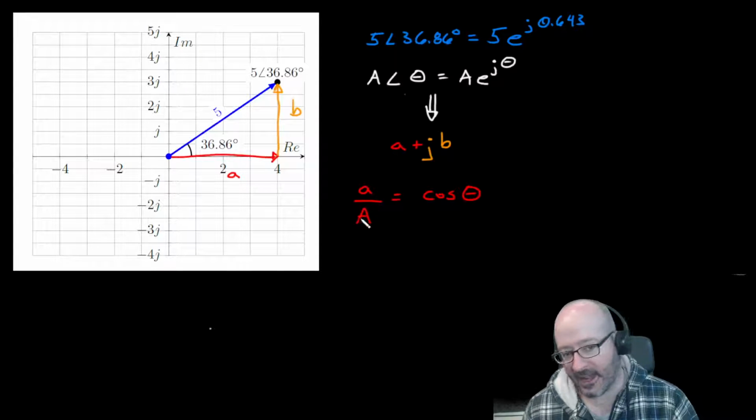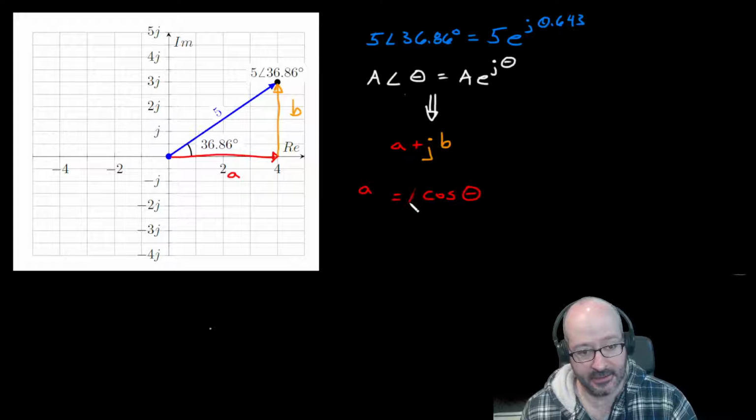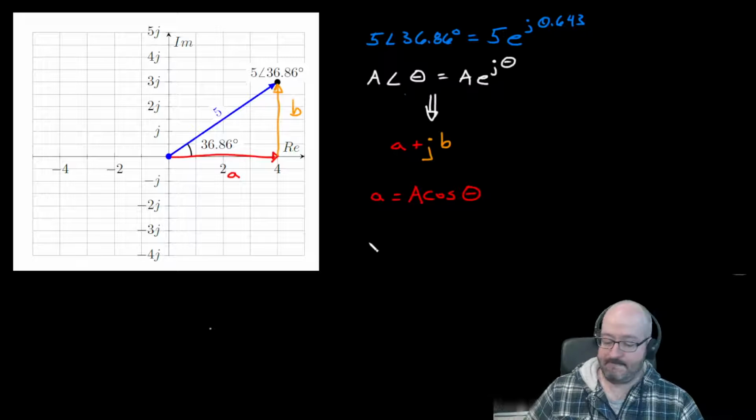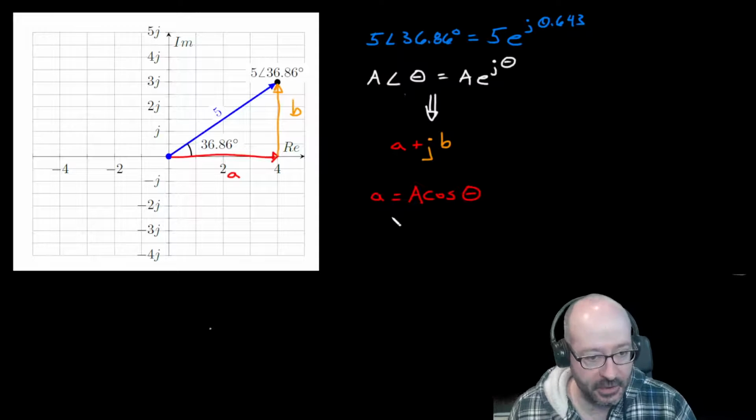But more often than not, since we know capital A and we're looking for lowercase a, you multiply both sides by A, so a = A cos θ. It's that simple. That's just a little bit of trig.